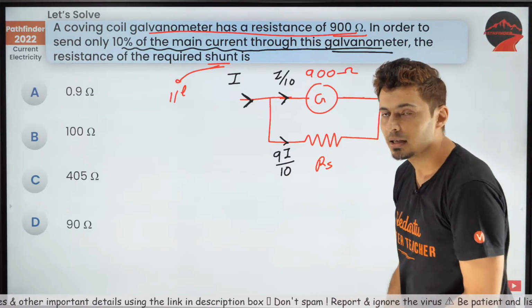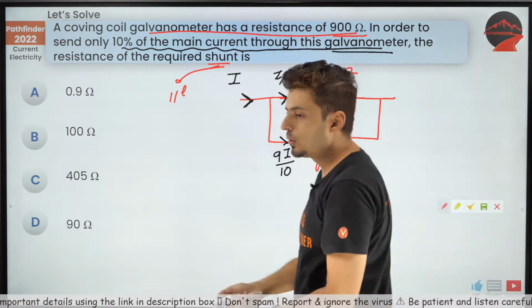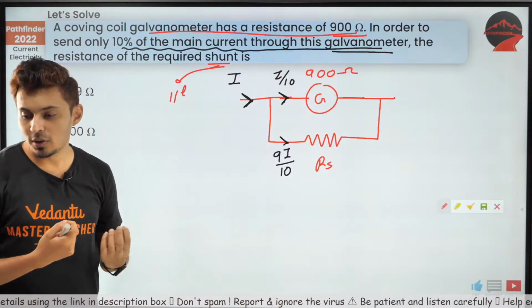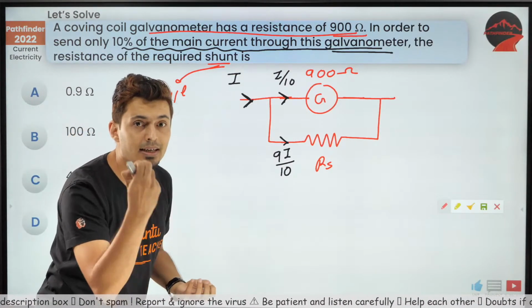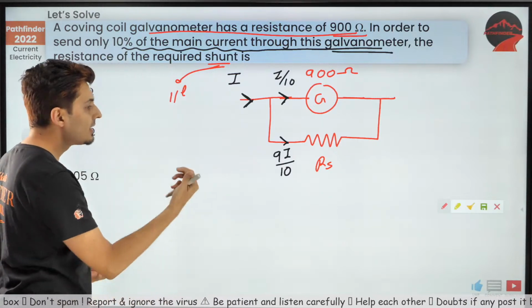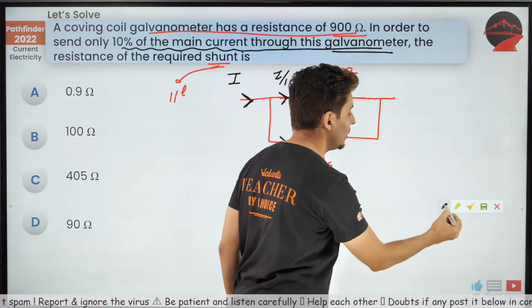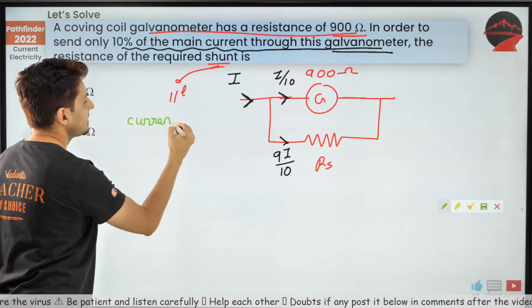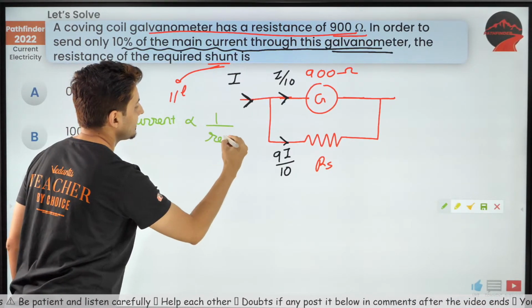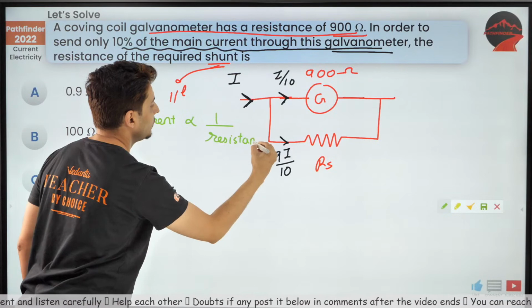So what are you going to do now? Think about it. Just use current is inversely proportional to resistance. That's the law that I am going to use, and that's all I need to do.